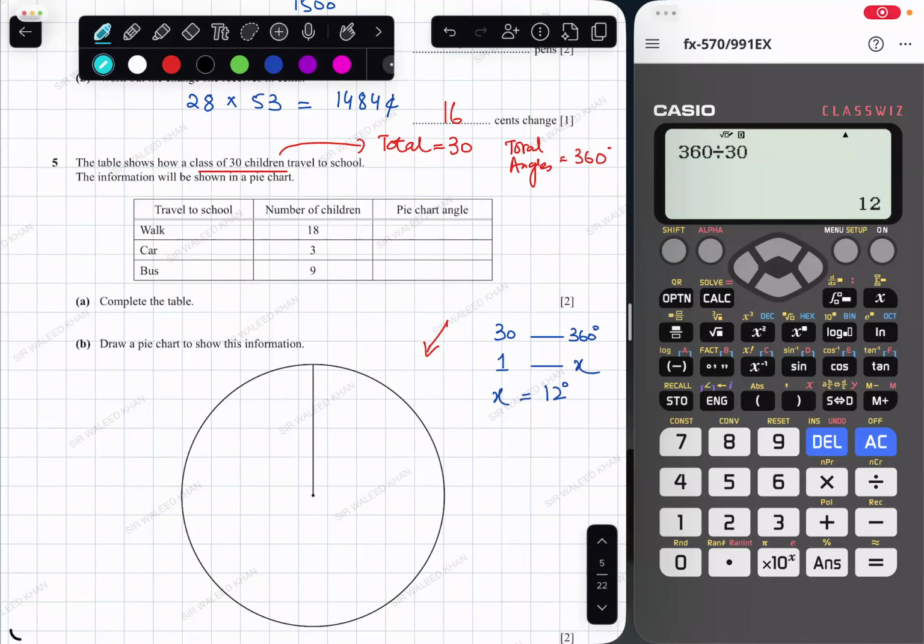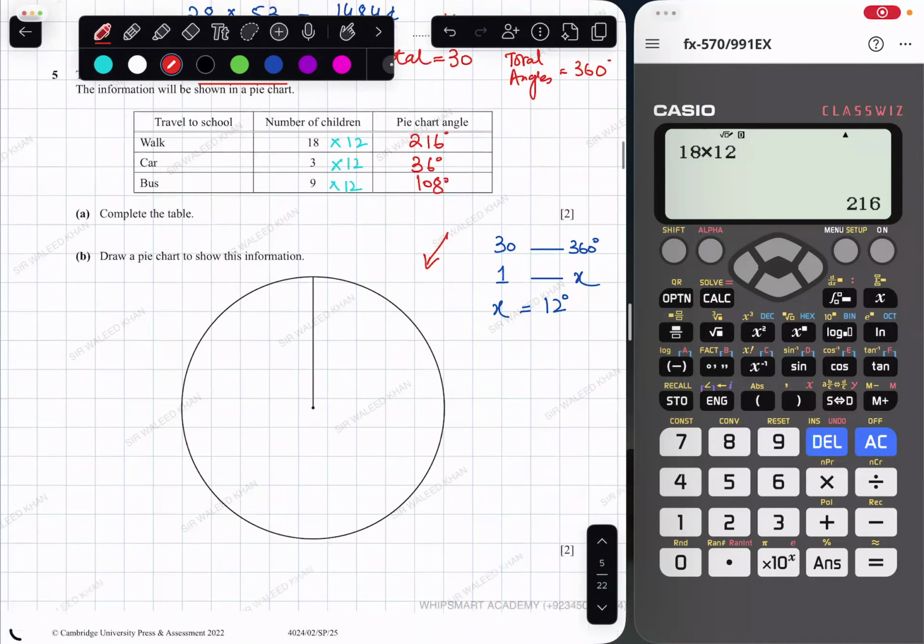If one child is represented by 12 degrees, then 18 must be represented by 18 times 12, that is 216. The same goes over here. 3 times 12, 36. Okay. Then 9 times 12, we have 108. Okay. These are all angles which we have to draw over here.